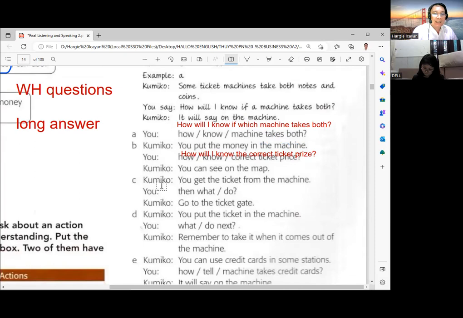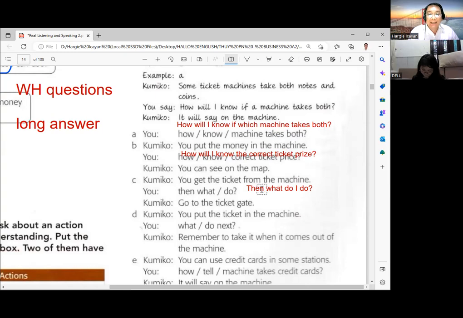Next. Letter C, you get the ticket from the machine. And then after that, what would be your reply? Then what do I do? Yes. Okay, so you are going to ask again. This question needs a long answer also, an explanation.